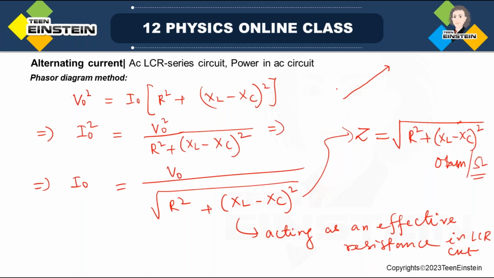So phi should be between R and Z. Suppose this is R, this is Z, and this is XL minus XC.